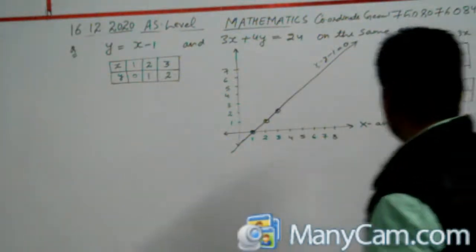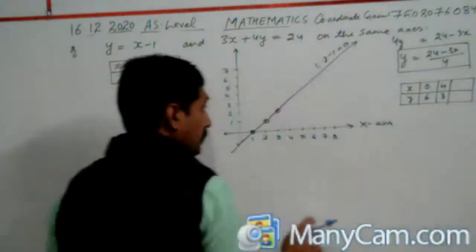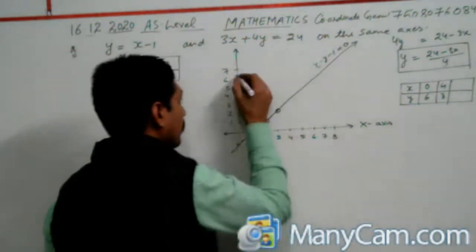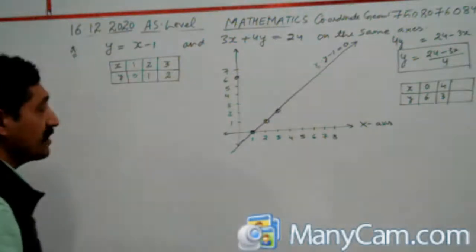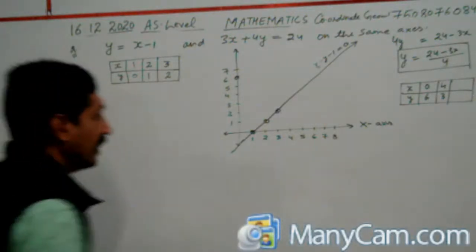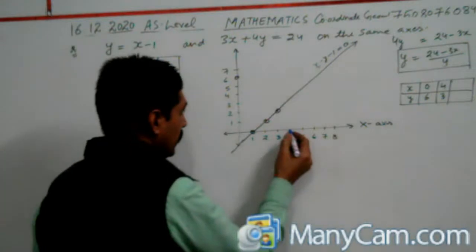Same on this graph: x is equal to 6, y is 6. Another point is x is 4, y is 3.